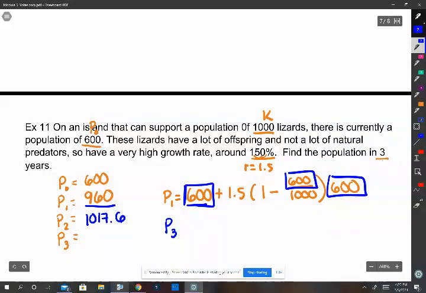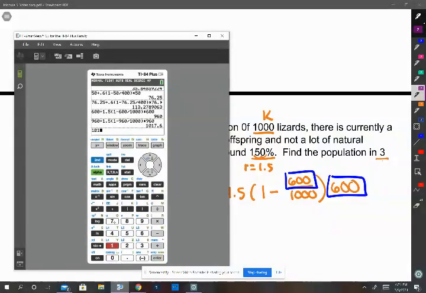And now when I go to find P sub 3, everywhere the 600 or the 960 was, I'm going to be putting in the 1017.6. So everywhere the 600 is, we're putting in 1017.6. So we're going to go 1017.6 plus 1.5 parentheses 1 minus 1017.6 divided by 1,000.